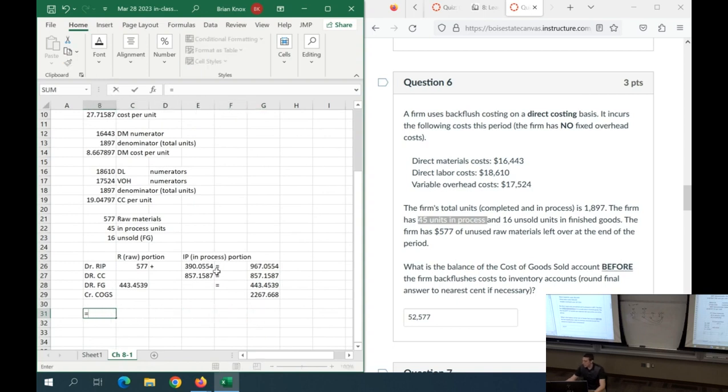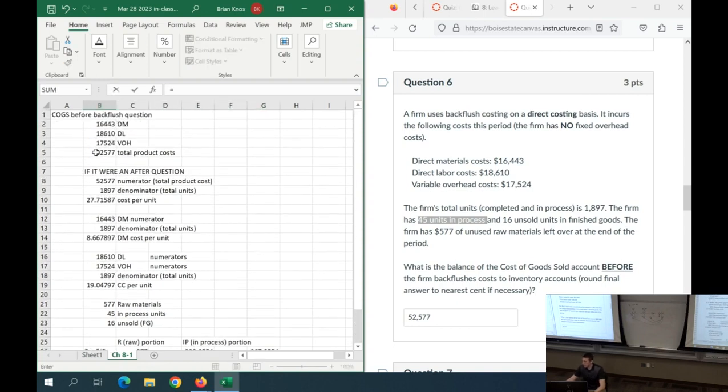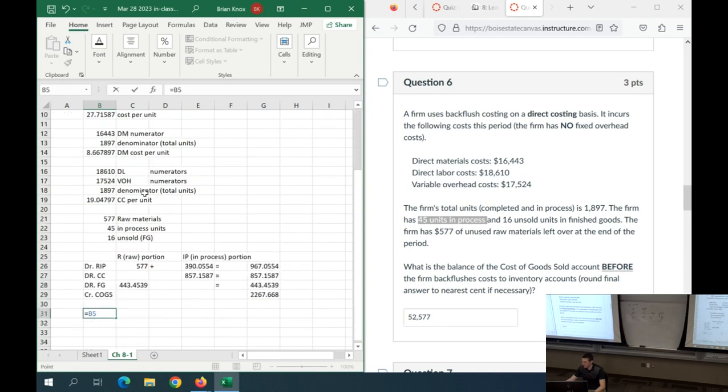So our cost of goods sold account before backflush was this. We backflushed out 2267.668. So that's our balance after backflush. Right here?